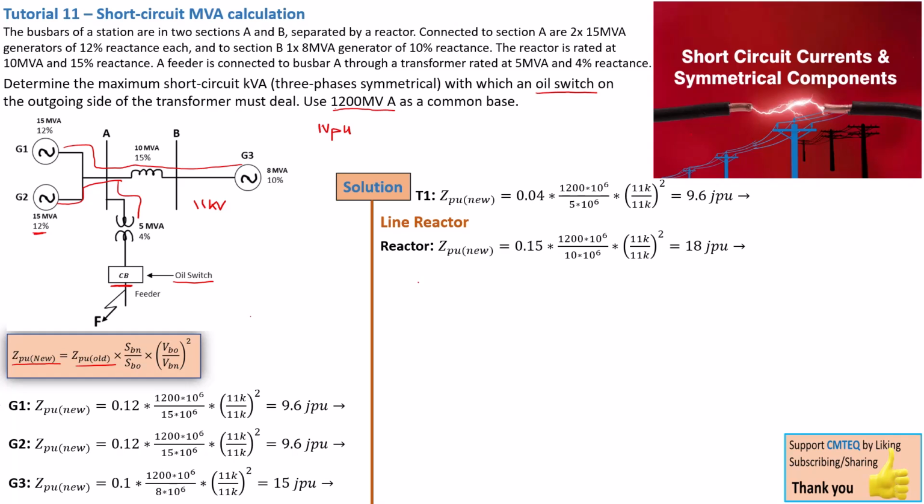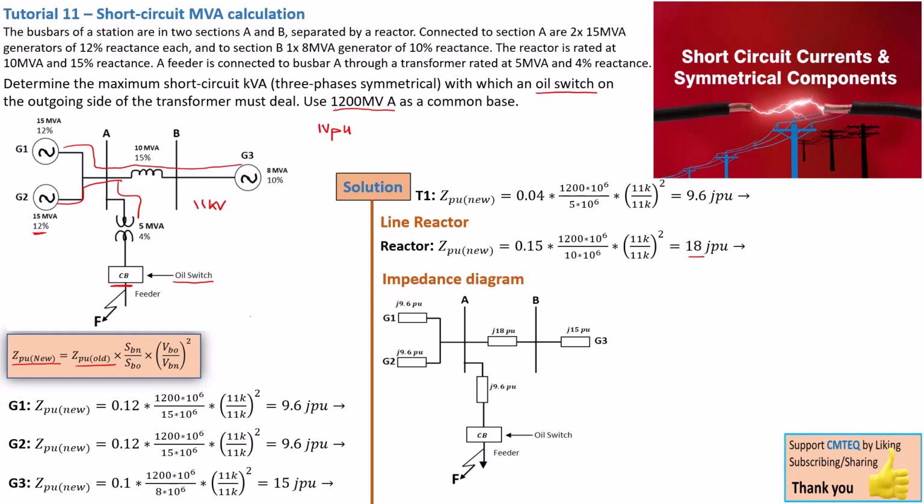That is a 15% per unit reactance for the reactor, and converting it onto the new system, we find a Z per unit new of 18 j per unit. As simple as that. Now we've got all the per unit values for our network here. We can then go ahead and draw our per unit impedance diagram for the entire network.